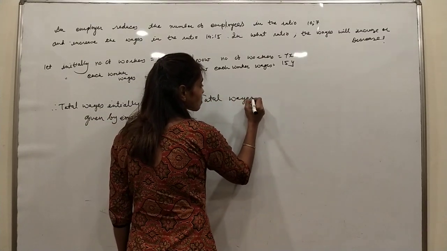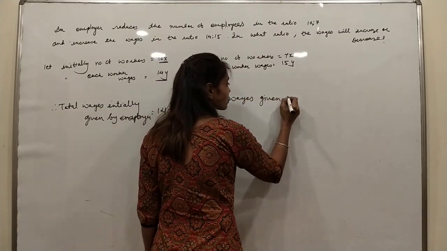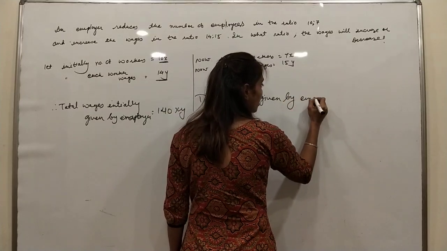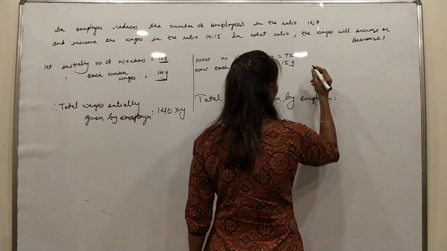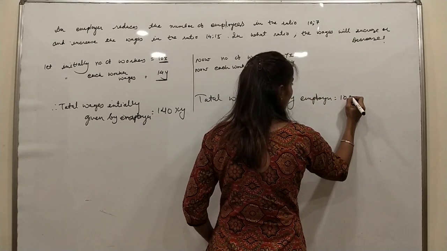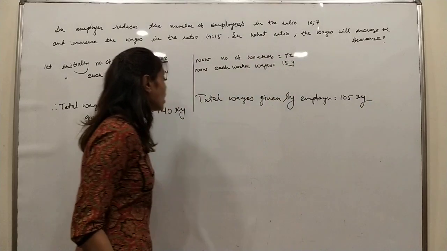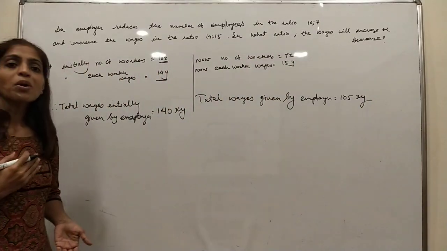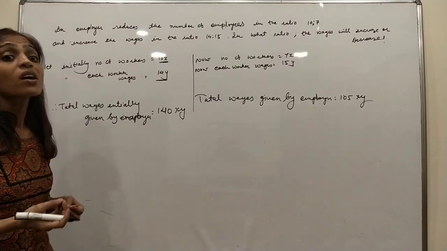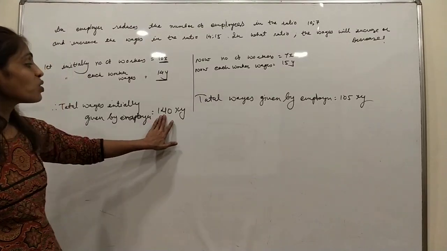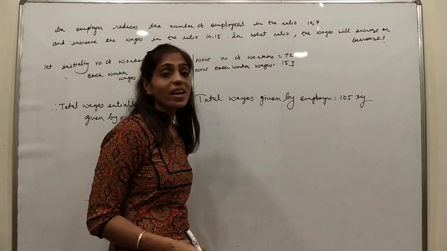And now the total salary or total wages given by the employer is equal to 15 sevens are 105xy. Obviously the number of workers decreases but per worker salary increases, because for saving of money, initially 140xy and now 105xy.